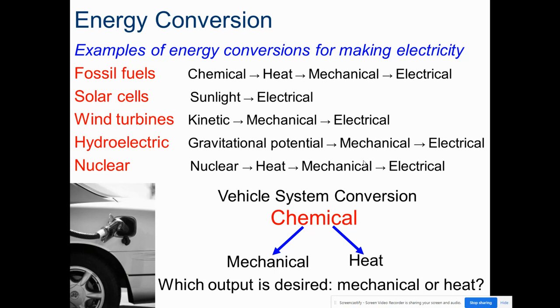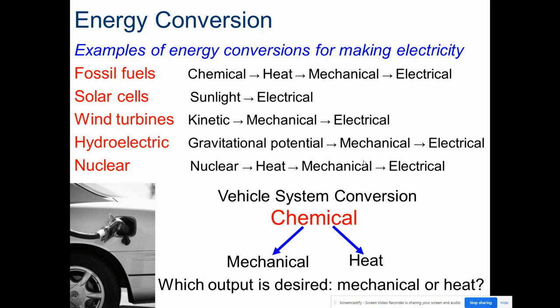So here we have examples of energy conversions for making electricity. Fossil fuels go chemical, heat, mechanical, electrical. Solar is sunlight that turns into electrical. With wind turbines, we have kinetic energy, which in turn makes it mechanical, which in turn turns it into electrical.